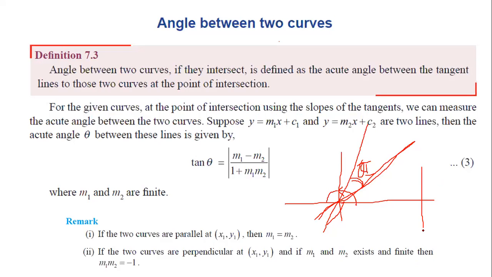Point of intersection means, okay, once again I draw the graph here. I draw one parabola here, and then I draw one straight line here.